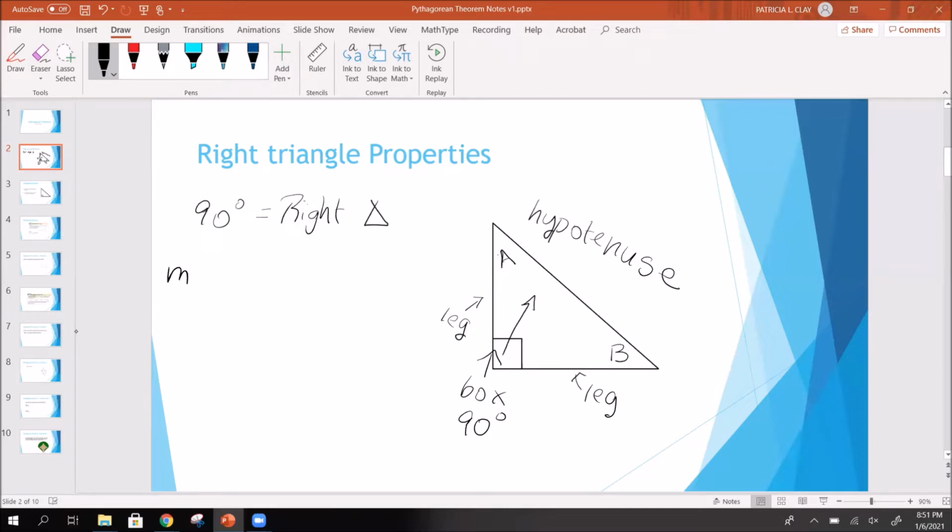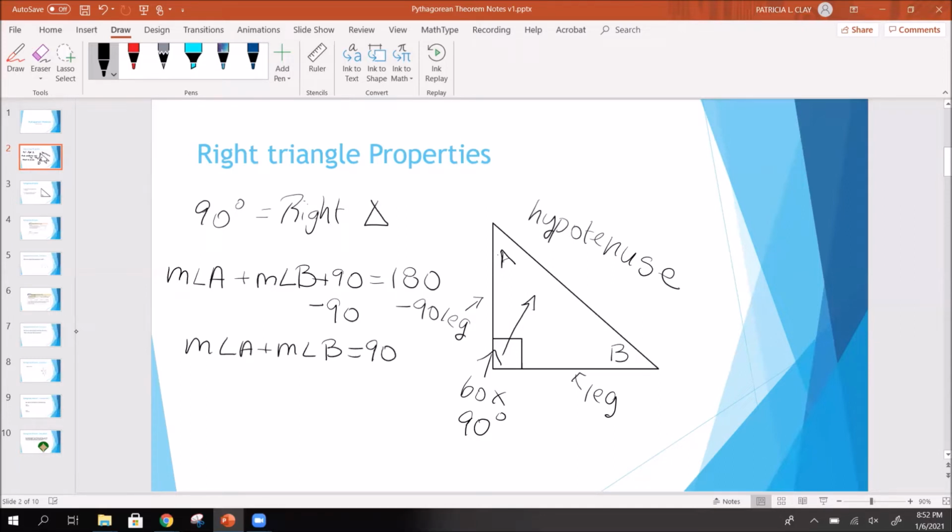So if we said the measure of angle A plus the measure of angle B plus 90 is equal to 180, everybody remember that? Let's move our 90 over to the other side. And now we're left with the measure of angle A plus the measure of angle B is equal to 90 degrees.